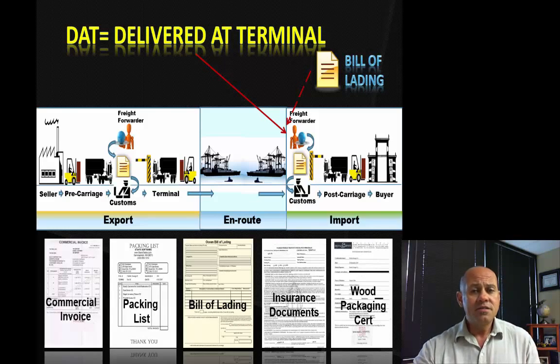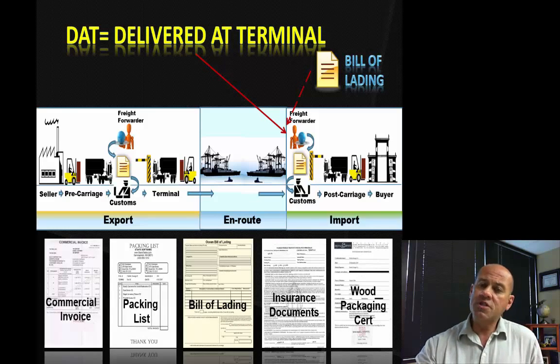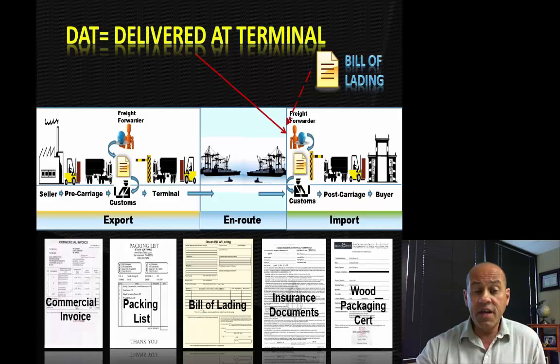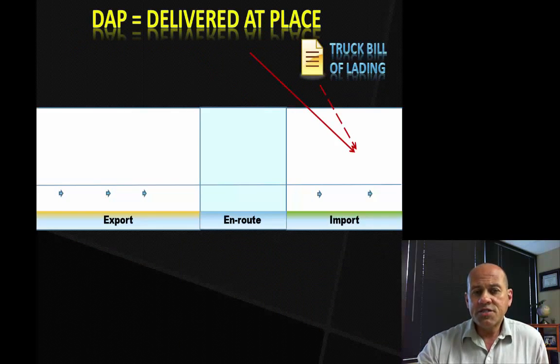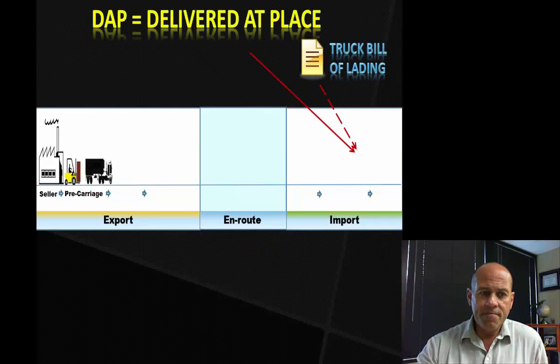And again, the same documents are required: commercial invoice, packing list, bill of lading, insurance documents, and wood certificate if required.